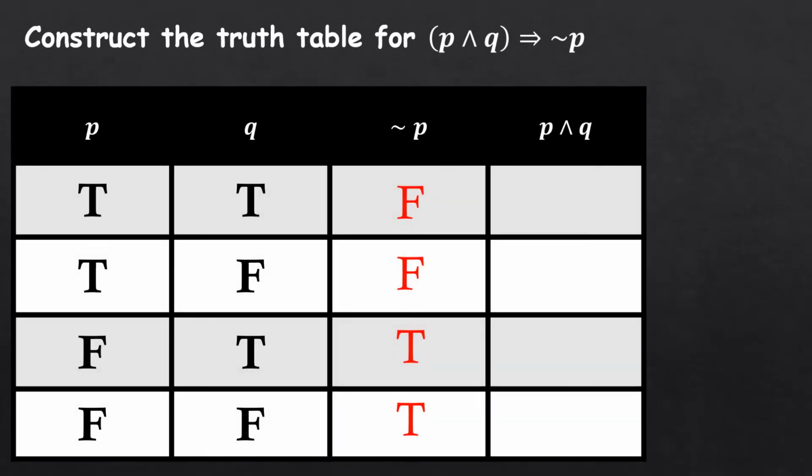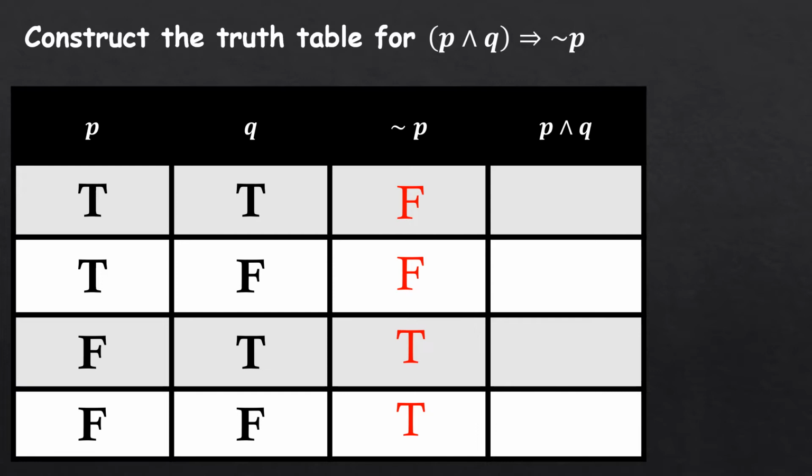Now that we're done with the negation of P, we can proceed with the evaluation of the term inside the parentheses, which is P and Q. If you will question me, ma'am, didn't you say the terms inside the parentheses should be evaluated first? Yes, that's correct.